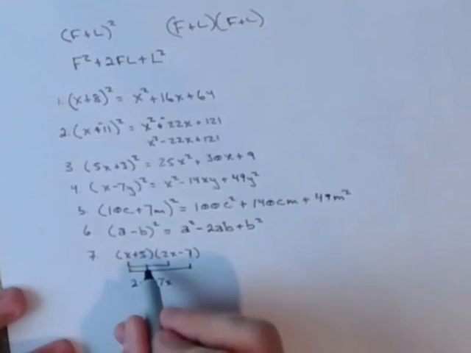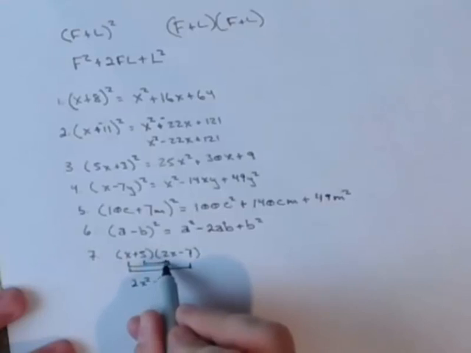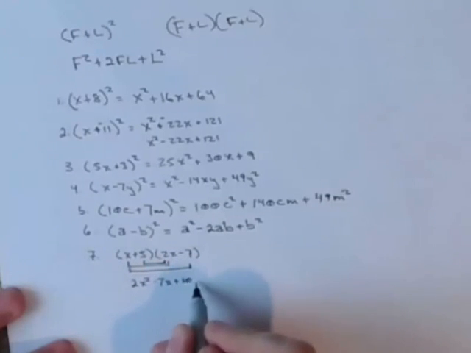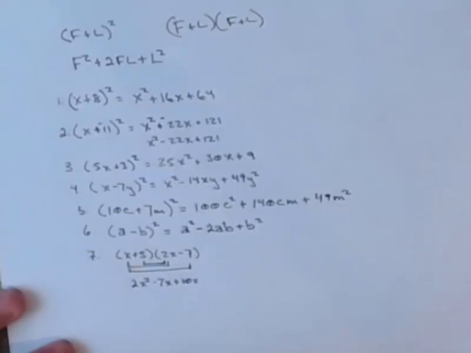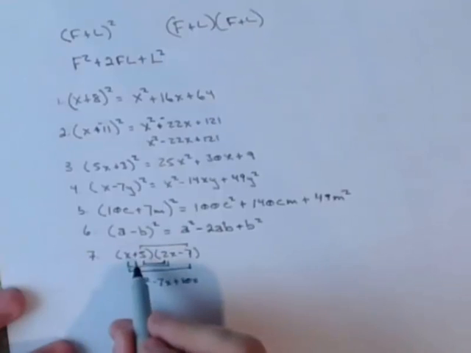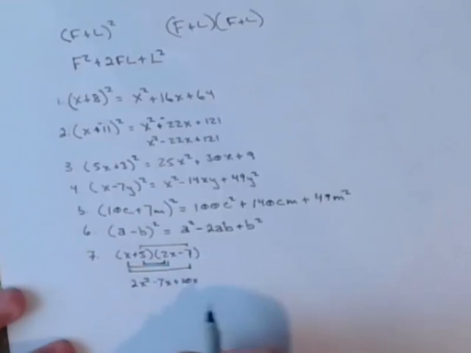The insides, which in this case is 5 and 2x, which gives me plus 10x. And lasts, which is positive 5 times negative 7, is negative 35.